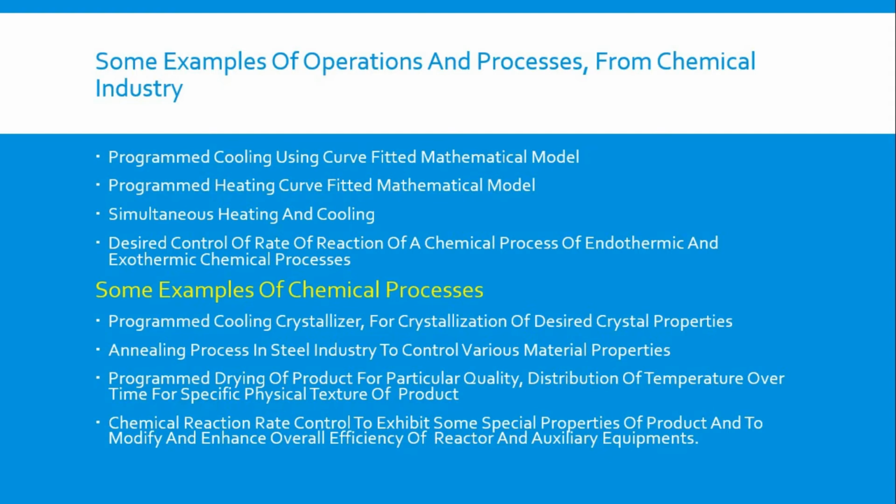Programmed drying of product for particular quality, distribution of temperature over time for specific physical texture of the product. In chemical reaction engineering, rate control to exhibit some special properties of product and to modify and enhance overall efficiency of the reactor and auxiliary equipment.